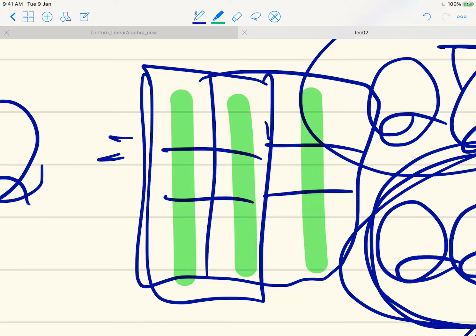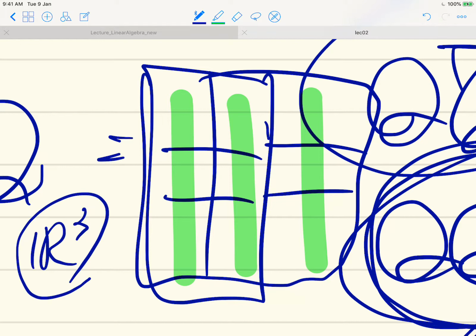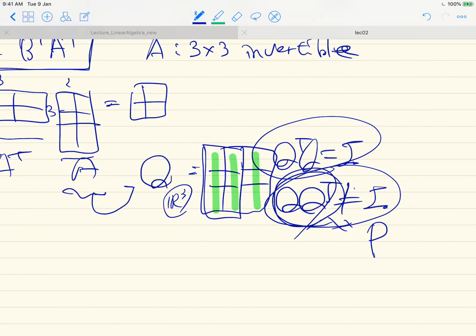So the column space of this matrix will be just R3, which is our entire space. Projecting onto the entire space makes the point stay the same, so that way we can understand why this should be the identity matrix.